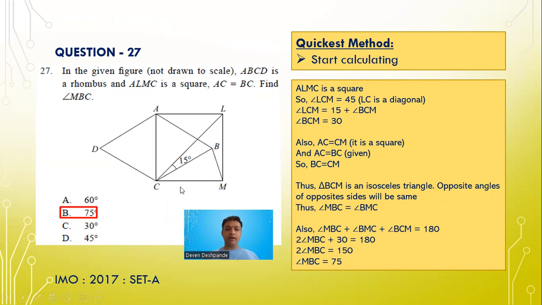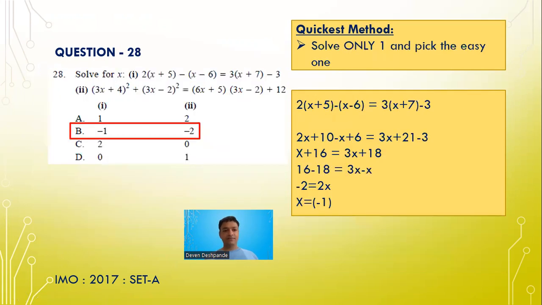So we write 2 times angle BMC plus 30 degrees, because angle BCM is 30 degrees, is 180. So 2 times MBC is 150, isn't it? 180 minus 30 is 150. So what is MBC? Angle MBC will be half of 150, which is 75. So the answer is 75. Again, a good question, but practice, practice, and practice.